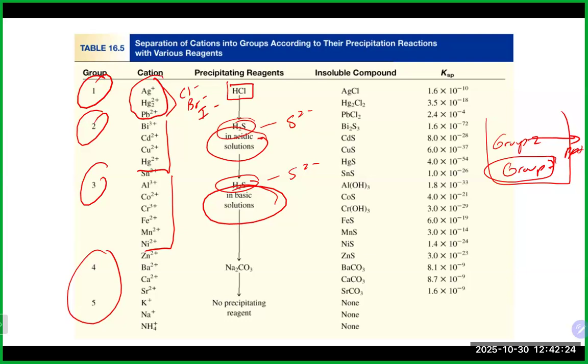So those are the things we were talking about earlier, that pH could play a really important role in whether or not something will precipitate out. You can use it to your advantage in a situation like this if you want to get only a certain set of ions out, even if you're using the same precipitating reagent. By playing with that pH, you could selectively precipitate out.